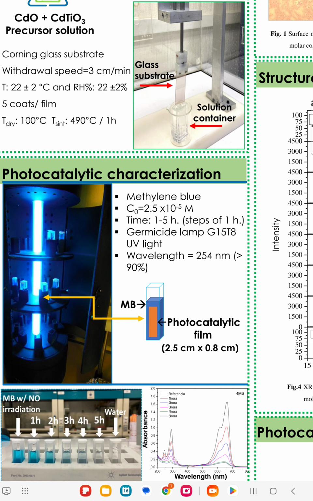films prepared. Immediately after that, methylene blue absorbance spectra were obtained by a spectrophotometer. The residual methylene blue concentration was determined from the integrated area of each spectrum, calculated in the 400 to 800 nanometer range and following Beer-Lambert's law.